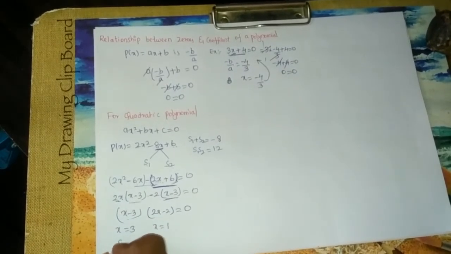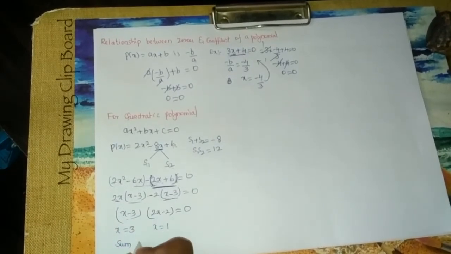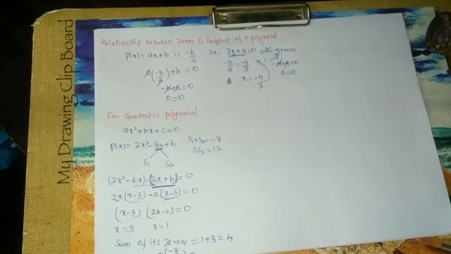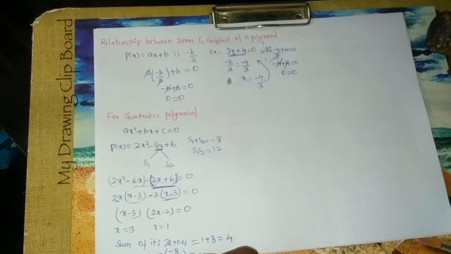So we can observe here the sum of its zeros, that is 1 plus 3, is 4. This 4 I can write as minus of minus 8 by 2. I am writing this 4 in another way: minus into minus will be plus, and 8 by 2 is 4.